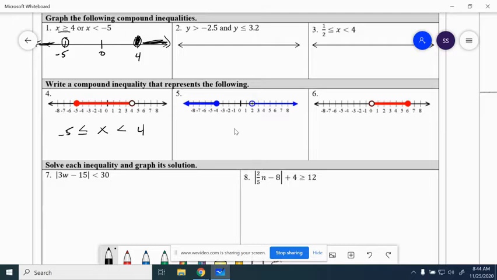Next one, number 5. This one we're going to set up 2 because remember this one's like an "and," so it's contained in between 2 points, whereas this is like an "or." X can be either this or that. So let's start with 2. We've got X and -4. We know that's filled in, so we'll put the line underneath.